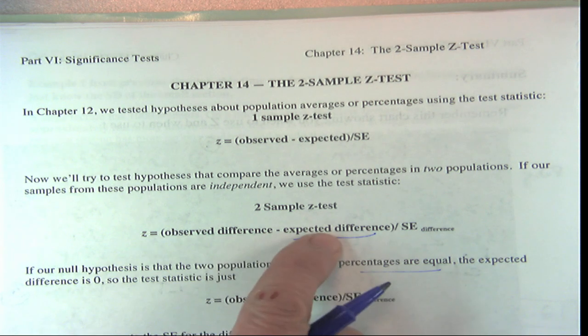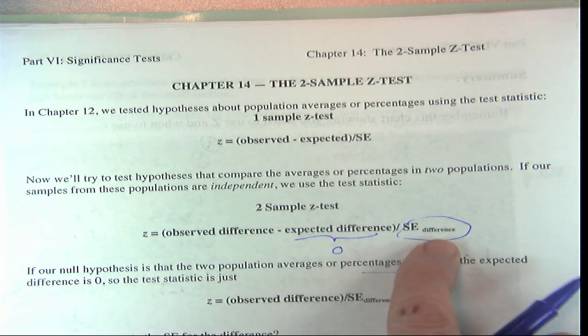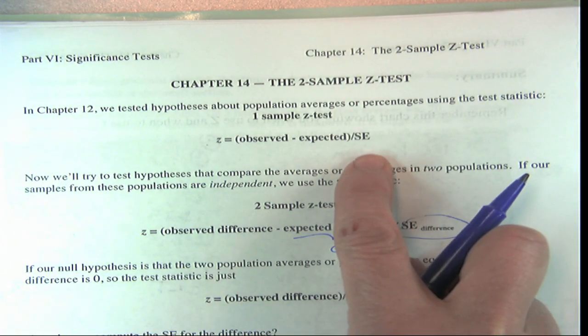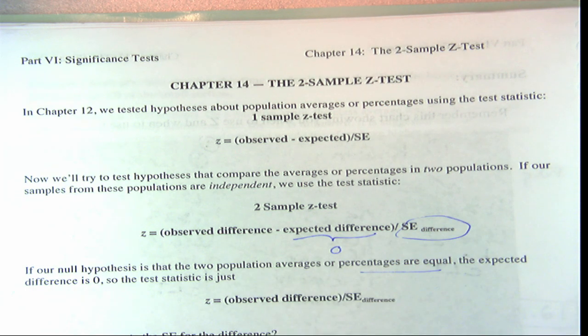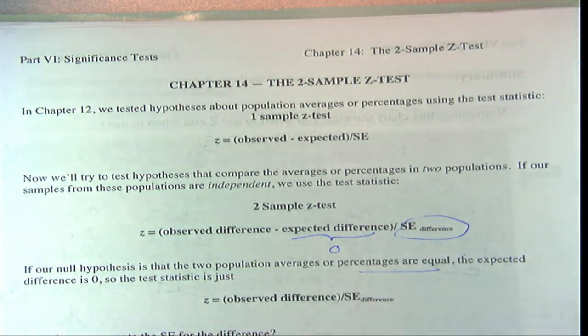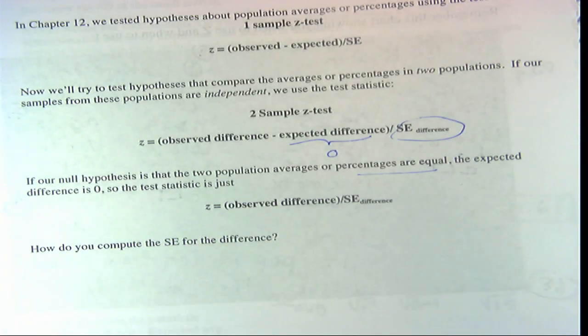So everything's the same here, except you have to calculate this standard error of the difference. It's not just the variation coming from one sample, you have to combine the variation coming from two different populations. Both of your samples are going to vary. So how do you combine the standard errors of the two samples? That's what we're going to look at. How do you compute the standard error for the difference? Just in general, think about it.